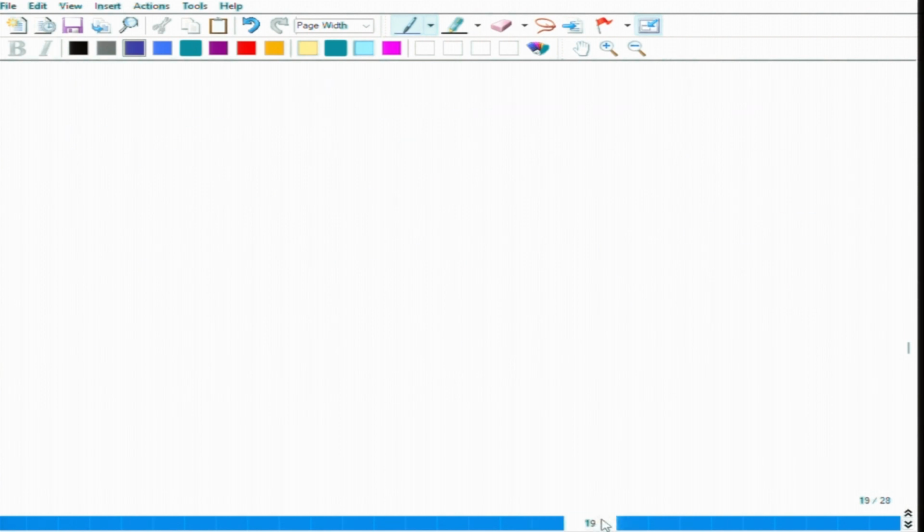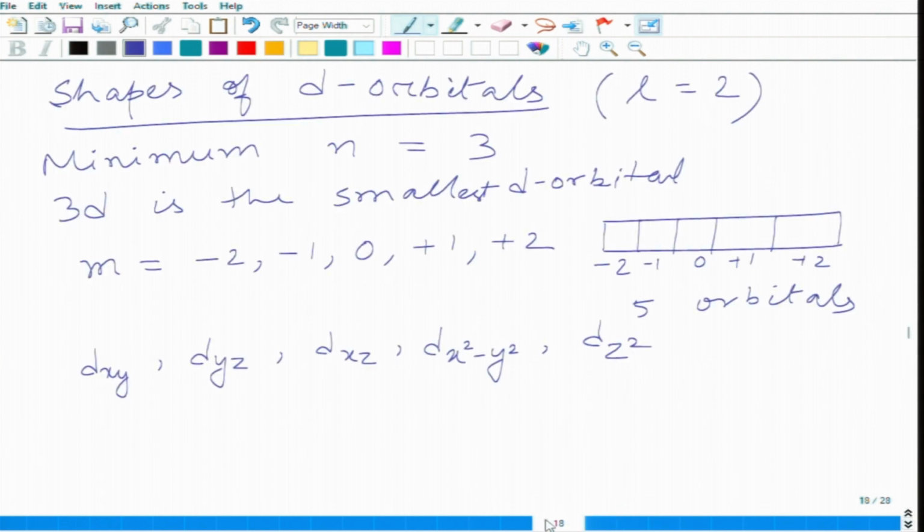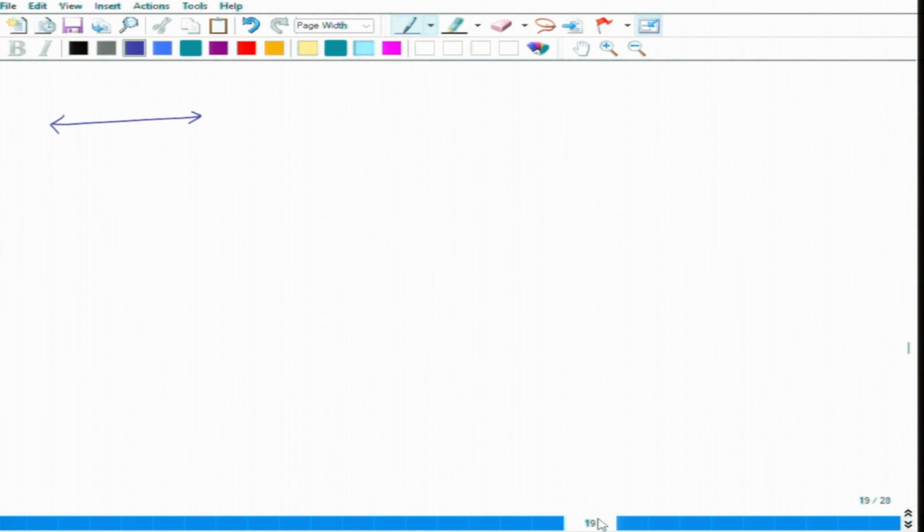So, how will we draw them? For convenience, we will not show 3 axes at once. We will show only 2 axes, which are required to make the diagrams more clear, x and y. So, if this is x and y, so these are the xy planes.